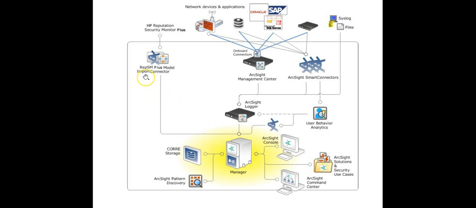So this is the connector for importing the threat intelligence feeds. So this is the overview or anatomy for the ESM ecosystem or the ArcSight ecosystem. I hope this is clear for you, and that's it for today, and see you in the next video.